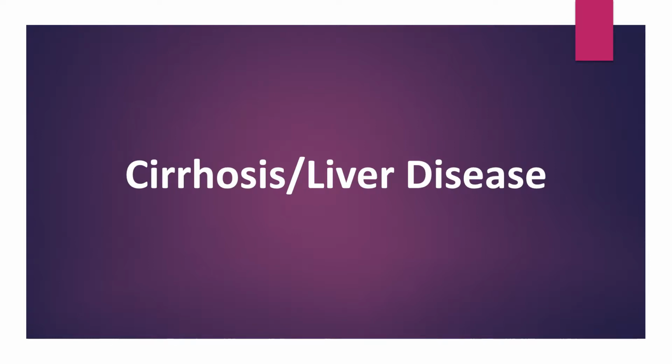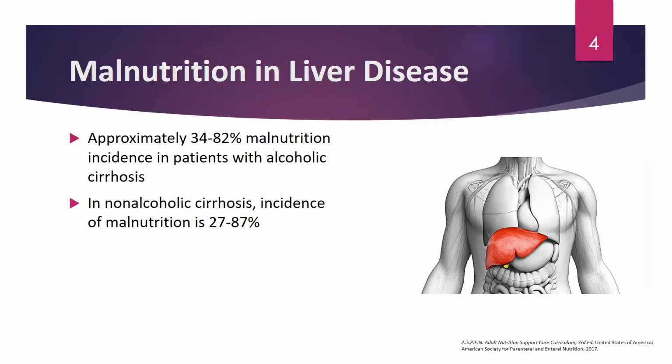In regards to nutritional status and malnutrition within liver disease, approximately 34 to 82% of malnutrition incidence is present in patients with alcoholic cirrhosis. So remember, there are many different types of cirrhosis. You have alcoholic cirrhosis, you have non-alcoholic steatohepatitis, as well as other drug-induced liver diseases.